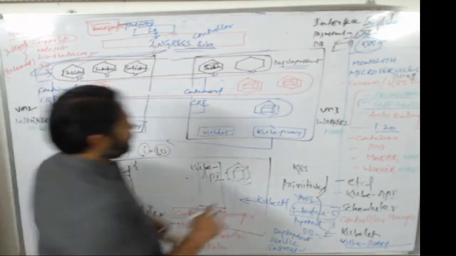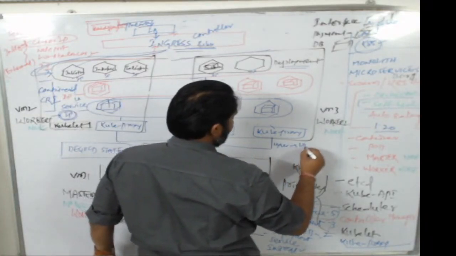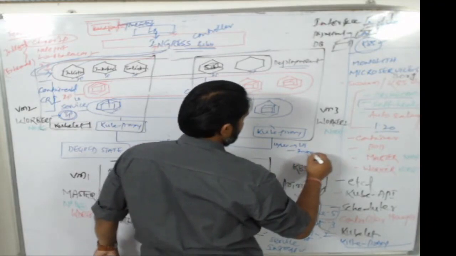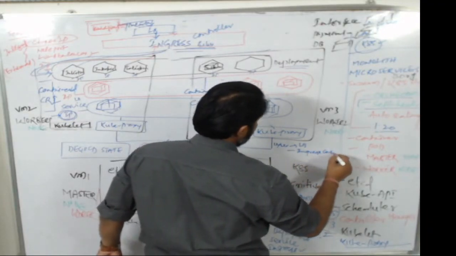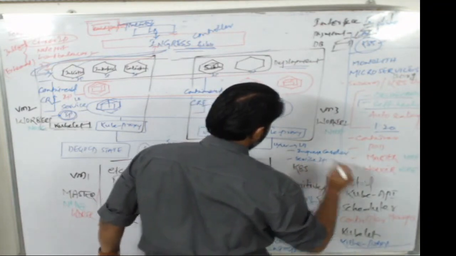What's the flow here? User, load balancer, ingress controller, looks at the ingress rule, sends it to a service IP. That's your flow. So user, load balancer, ingress controller, service IP.